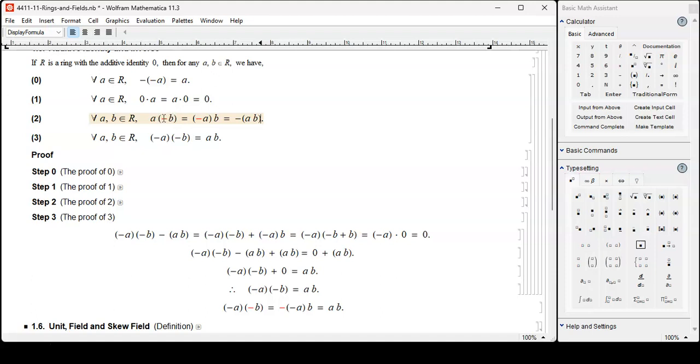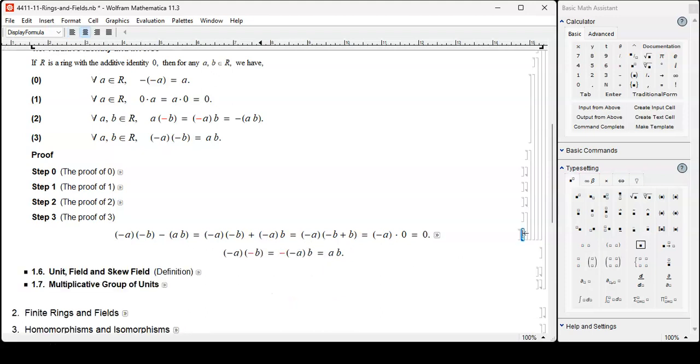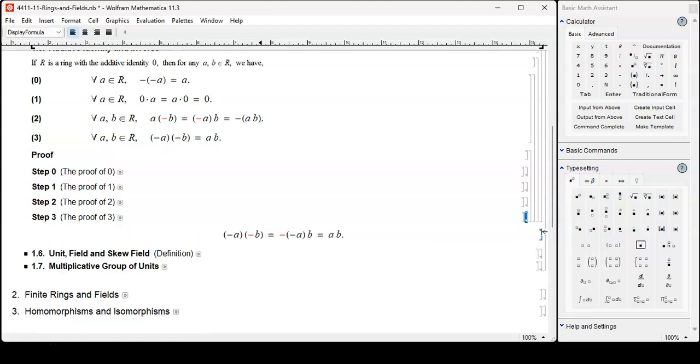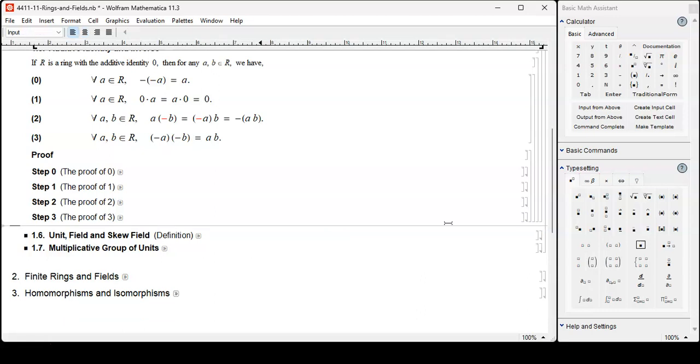Moving this negative from the second factor to the first factor. And the first factor started with negative, so we have double negative. So they disappear. Yeah, this proof is, in my opinion, simpler and superior. This one works, but I don't know what I was thinking. Looks like I was not clever enough when I wrote this notebook.